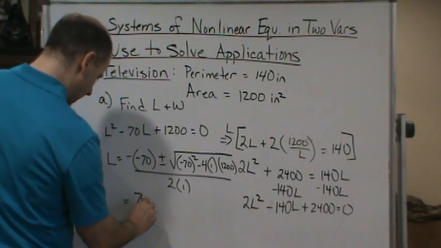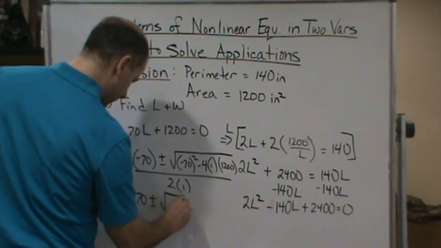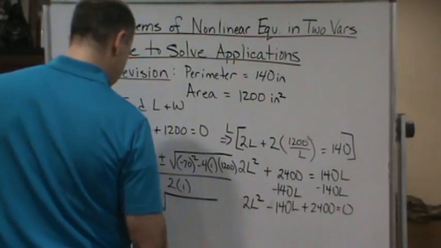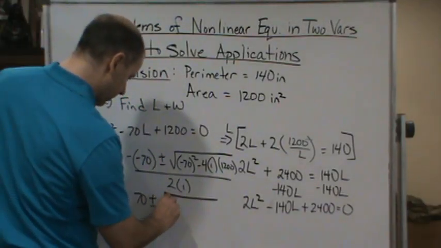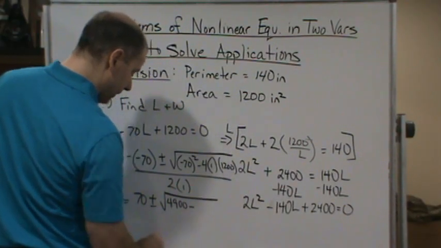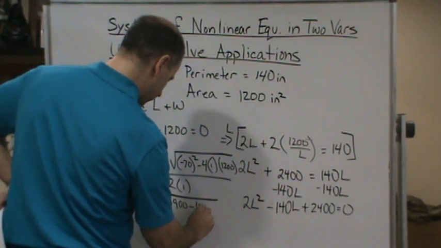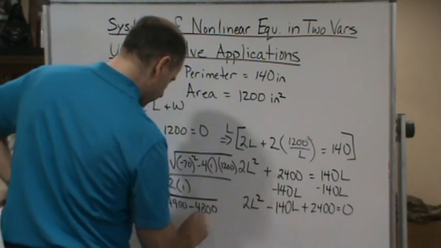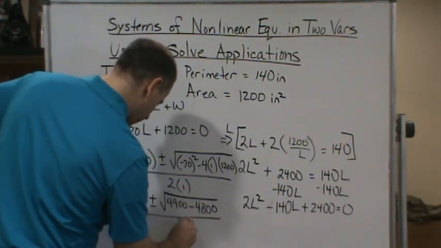So this becomes 70 plus or minus the square root of 4,900 minus 4,800, all over 2.